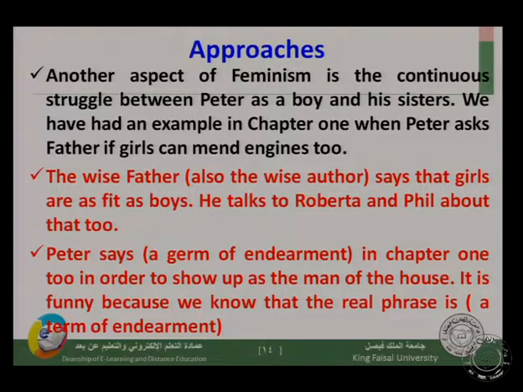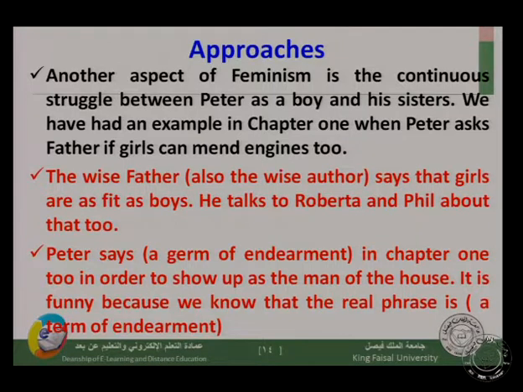Peter says also in one very interesting section in chapter 1, he quarrels with Roberta. He raises his voice and uses rough language with his sister, and father has been taken already away from them, and he tries to explain his position to his sister, saying, I didn't mean to insult you, it was just what is it that father says?